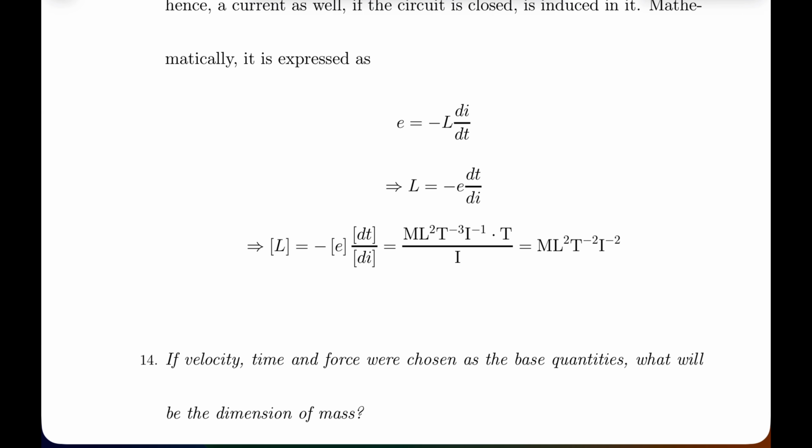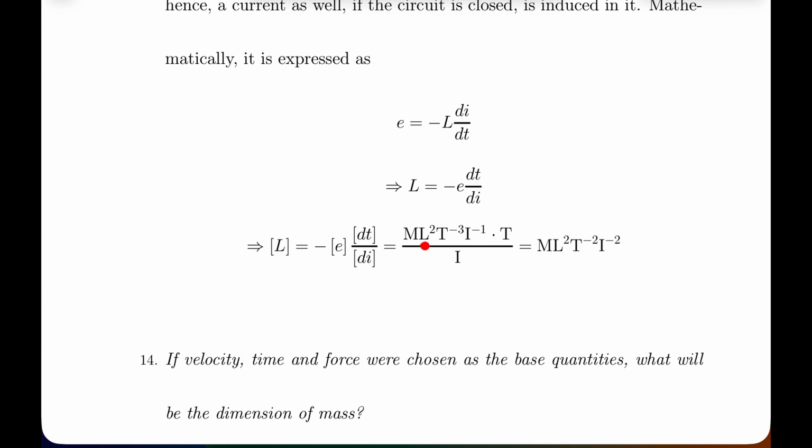So, L is equal to minus E times dt upon di. This negative sign simply shows that this is a back EMF, nothing else. So, for E, we have M L square T to the power minus 3 I to the power minus 1.